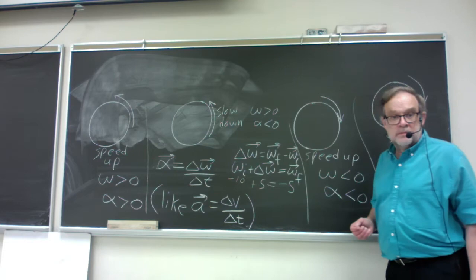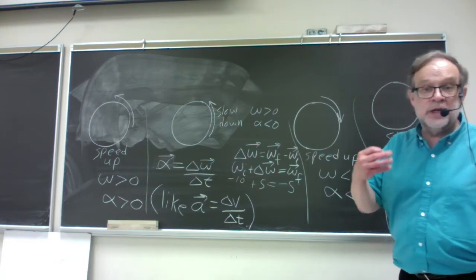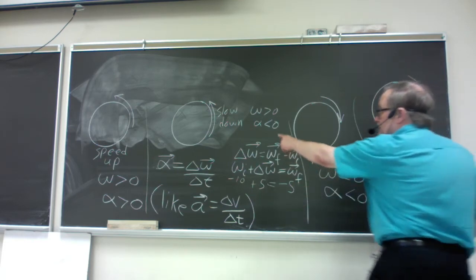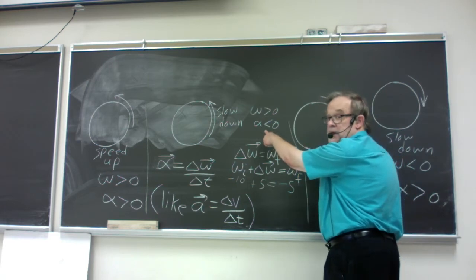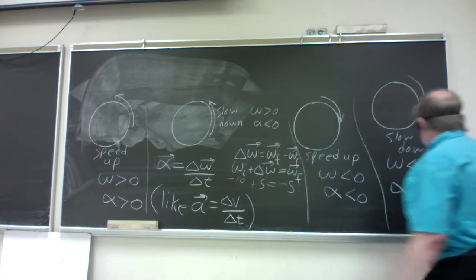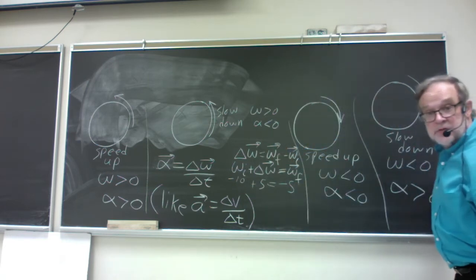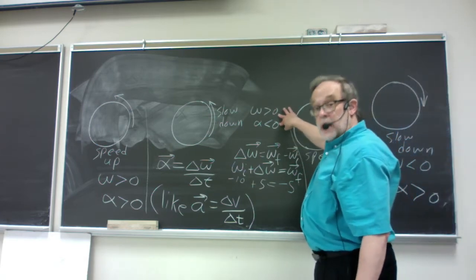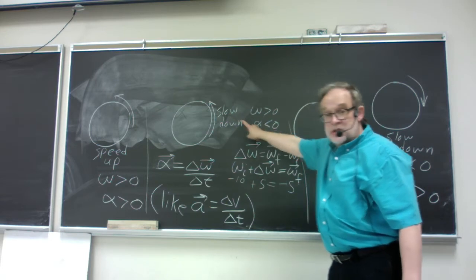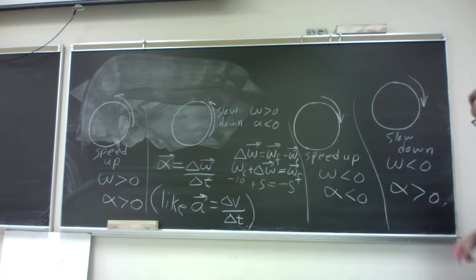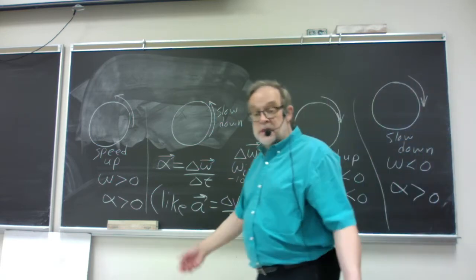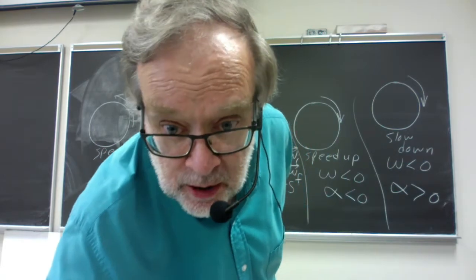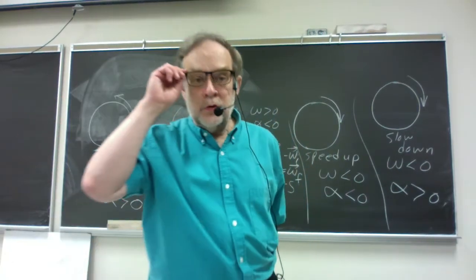When velocity and acceleration point in opposite directions, here velocity is positive, acceleration is negative. Here velocity is negative, acceleration is positive. Whenever velocity and acceleration are opposite, that always corresponds to slowing down. The same pattern that we've seen before.